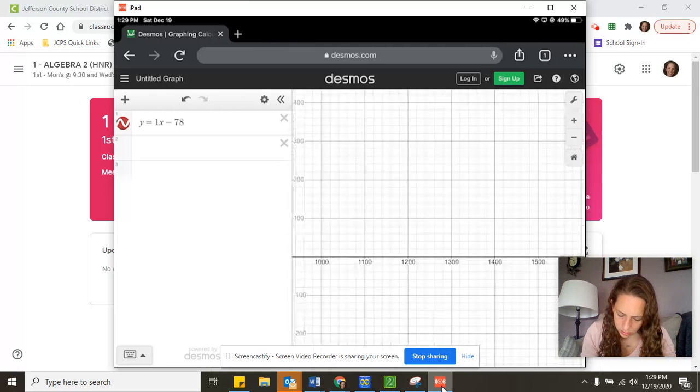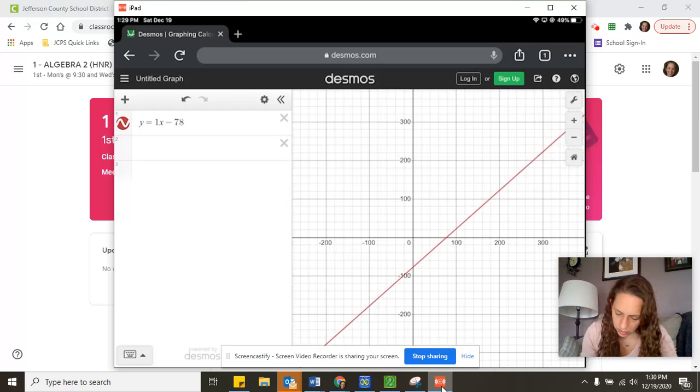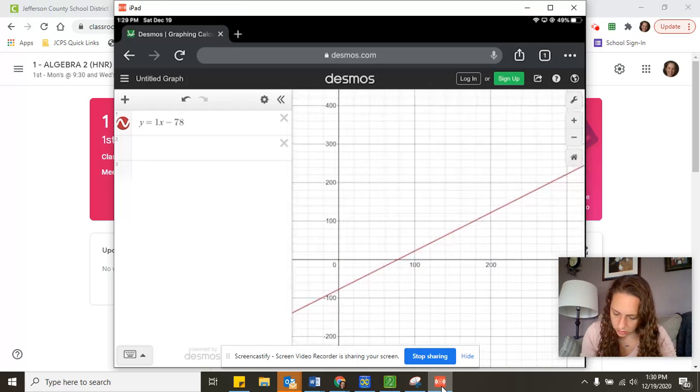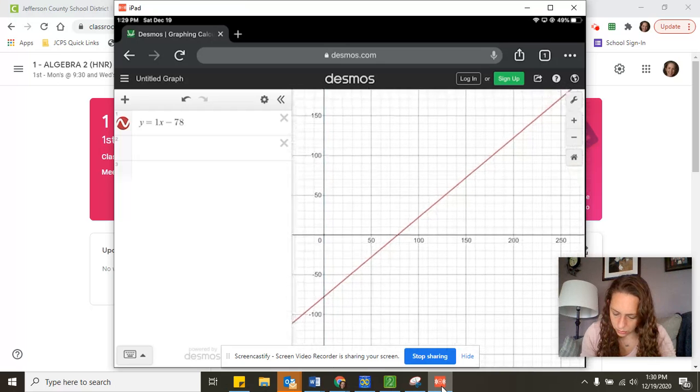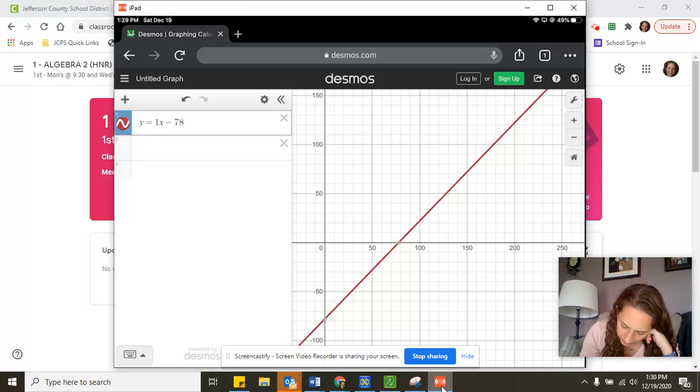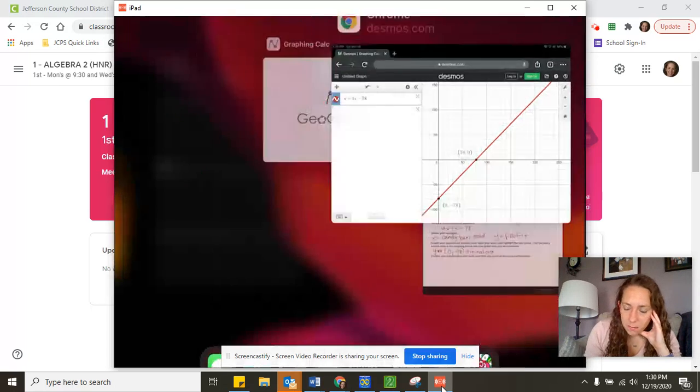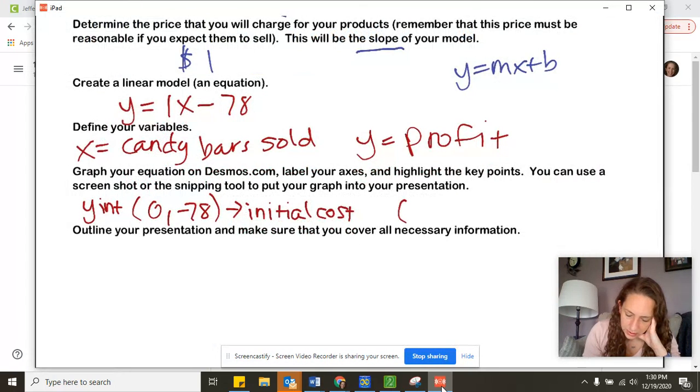Weird. Anyway, but if you click on this, Desmos is great because it'll tell you what your x-intercept is. It'll also tell you your y-intercept. Okay, so my x-intercept is the point 78, 0.